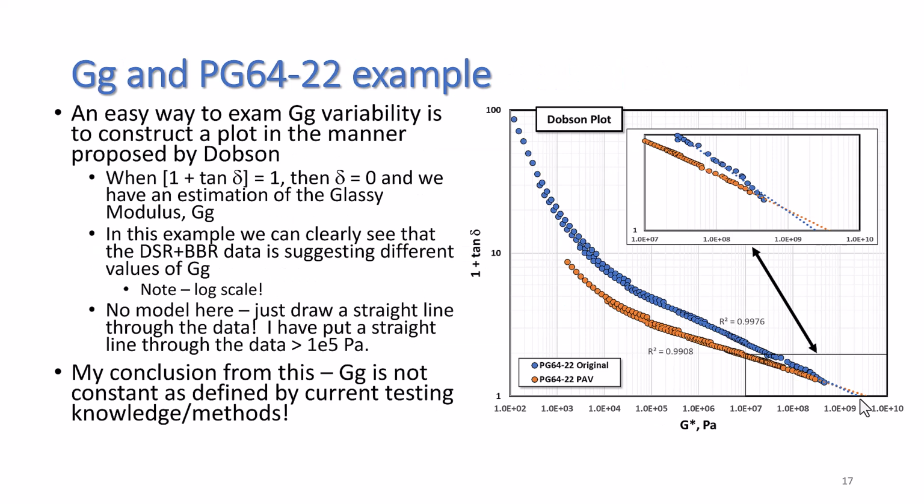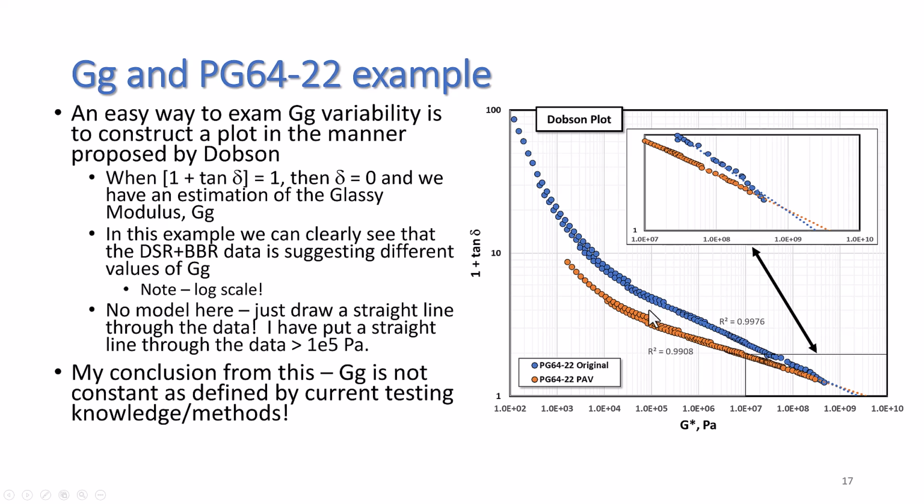Going on from that, looking at a PG 64-22 example. This is the same PG 64-22 that I showed in the earlier slide, where I looked at where those different parameters are measured. But in this case, I've added in a PAV version of that same binder. Blowing up this portion of the graph where we are looking at that intersect, you can see that the PAV version tends to have a slightly higher Glassy modulus compared to the unoxidized or original version of that binder.